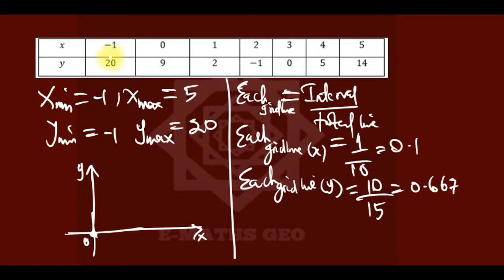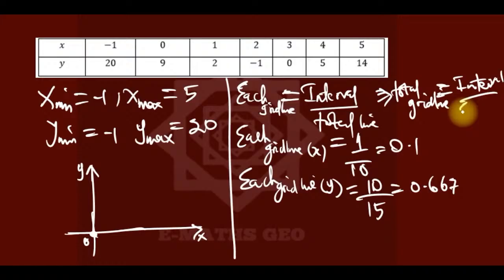So if we want to locate any value, we now divide. From this formula, the total grid lines to any value is the value we are looking for, that's the interval, over each of the grid lines.